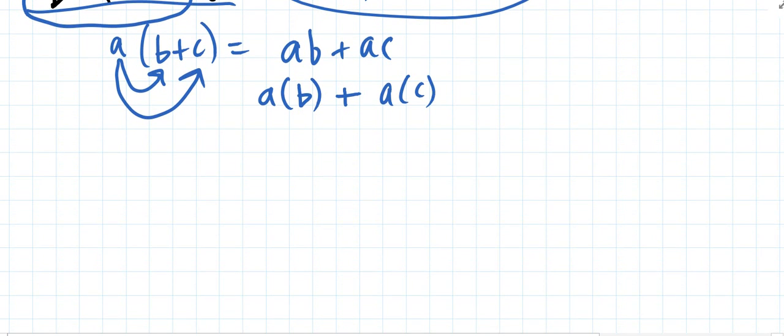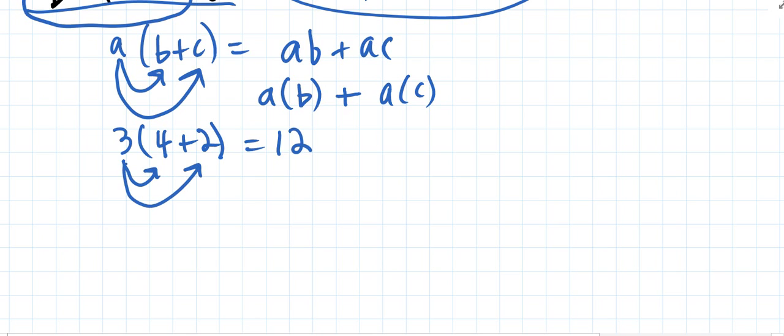So if you have 3 times the quantity 4 plus 2, what do you get? You distribute the 3 to the 4, you get 12. 3 times 4 is 12. And then you distribute the 3 to the 2, and you get 6.